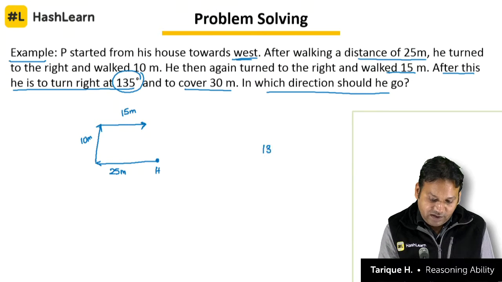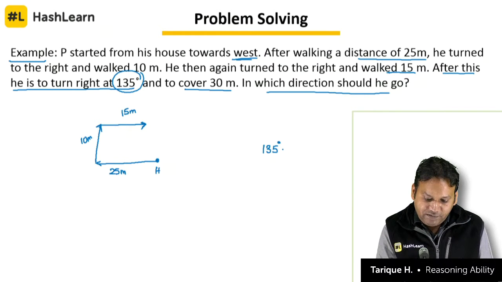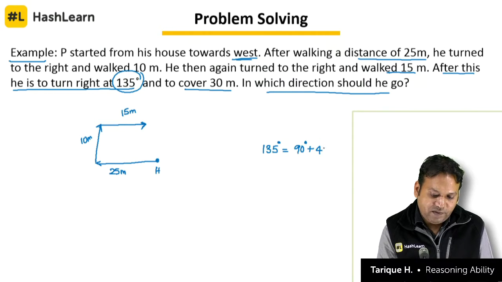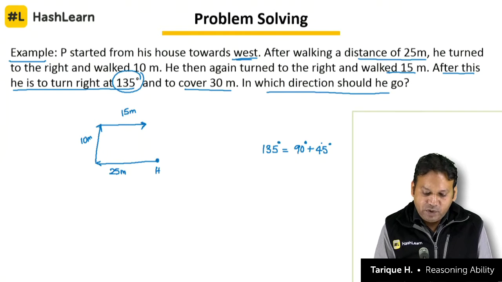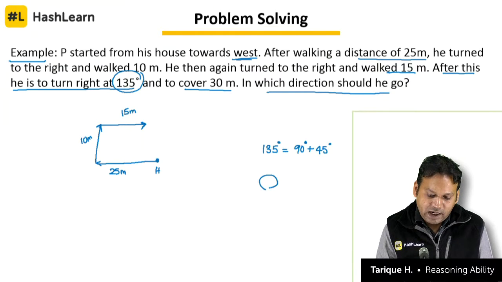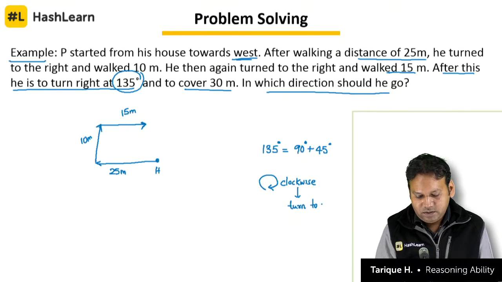So what is 135 degrees? This is another thing that is very important for your direction sense. 135 degrees is equal to 90 degrees plus 45 degrees. Next, in some questions they will talk about turning clockwise and anti-clockwise. Clockwise means turning towards your right.